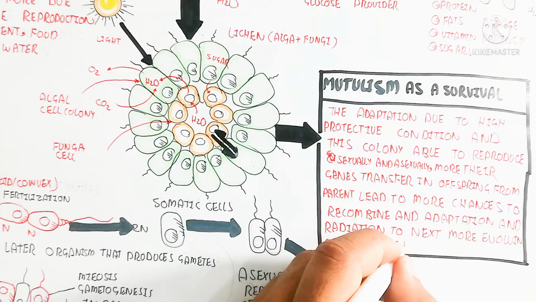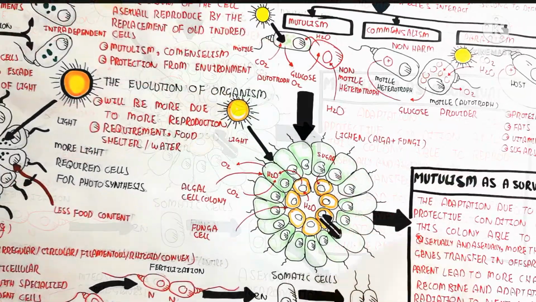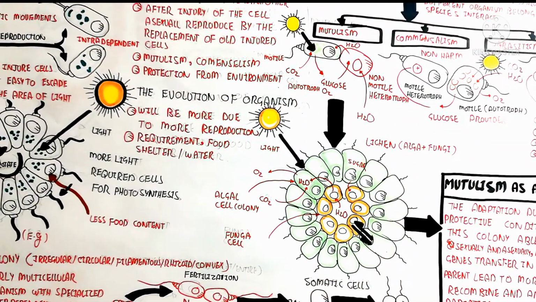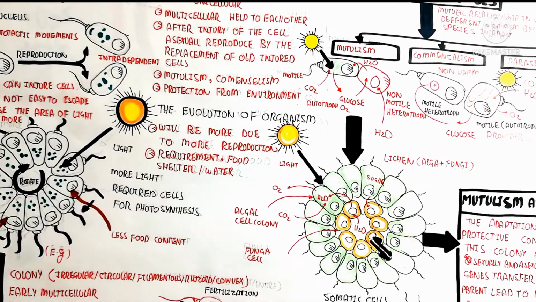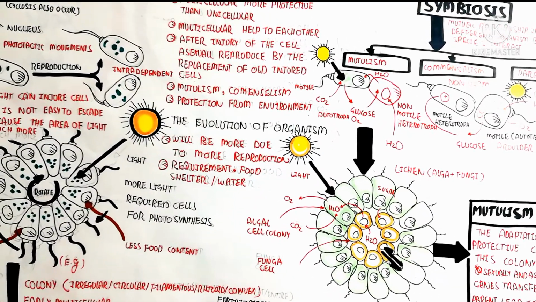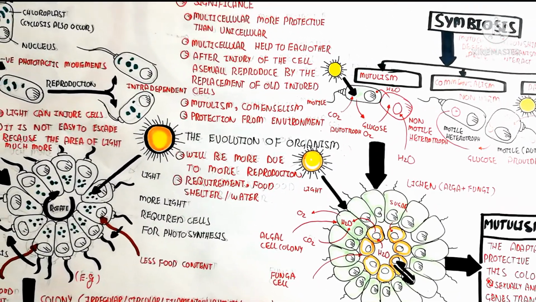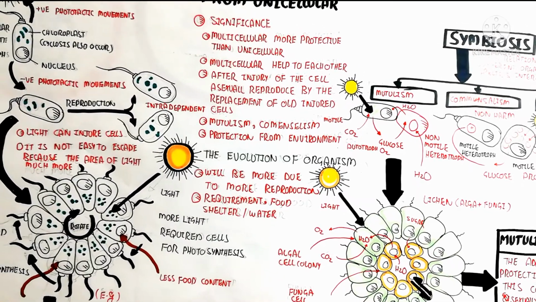There are many reasons, but here we will not go into them, but you need to understand the basic concept of the evolution of a multicellular colony from the unicellular.